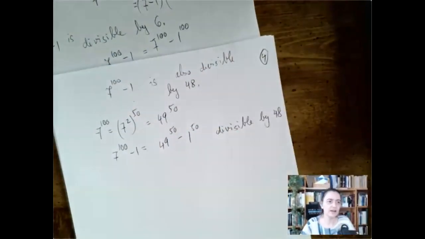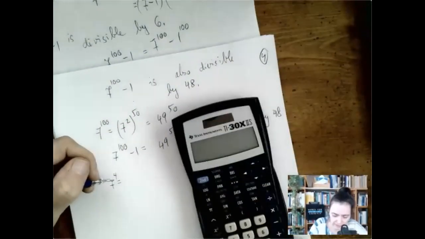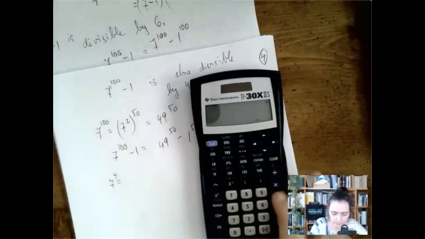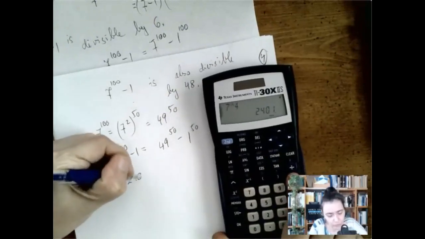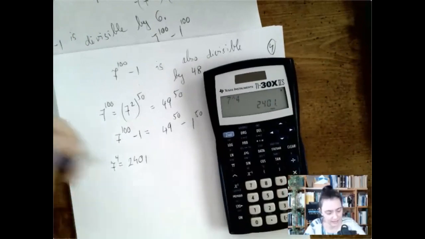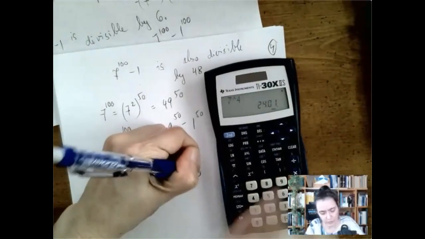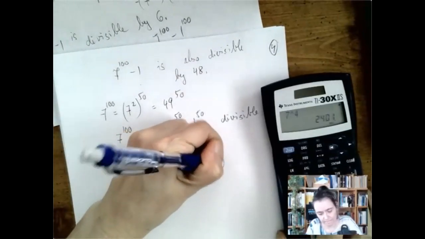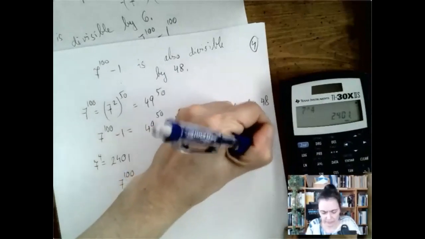And so whenever the exponent is a divisor of 100, what's 7 to the 4th power? That's going to be pretty big. It is 2401. So here is the statement. 7 to the 100 minus 1 is divisible by 2400. Am I correct there?